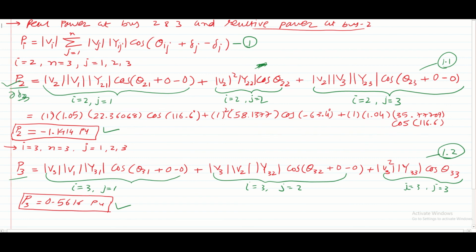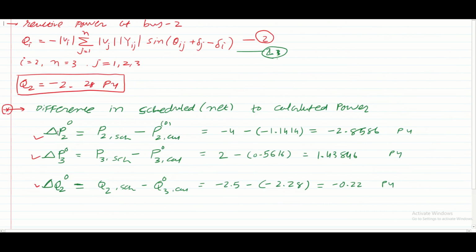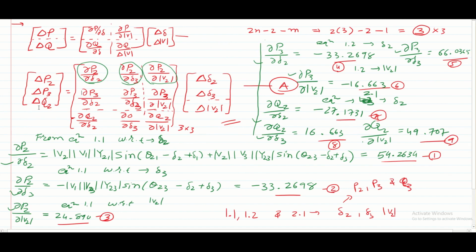Now, to calculate the real and reactive power at each bus using the static load flow equation, then we need to calculate the change in active and reactive power, means your scheduled power minus the calculated power. After calculating the change in active and reactive power, just substitute all the values in this equation.